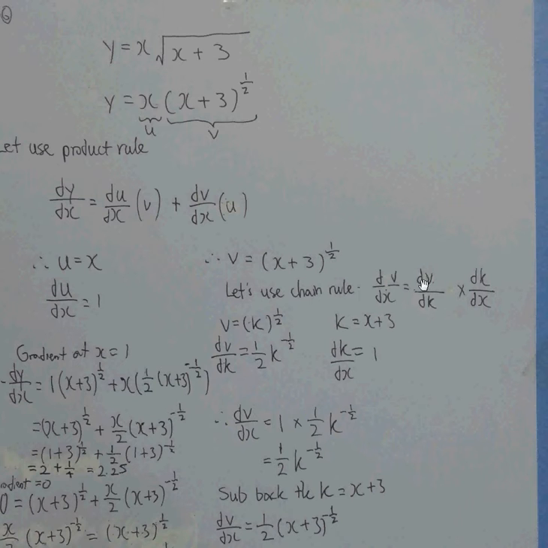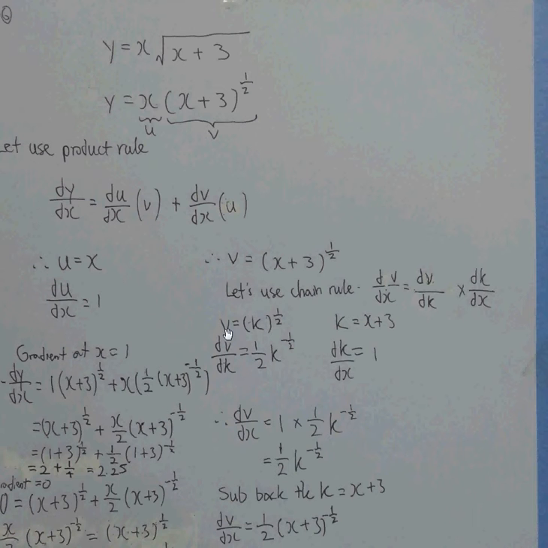So dv over dx is the differentiation of v with respect to k times the differentiation of k with respect to x. As you can see, after we cancel away the dk, we have dv over dx, which is what we want. After differentiating k, we have 1.